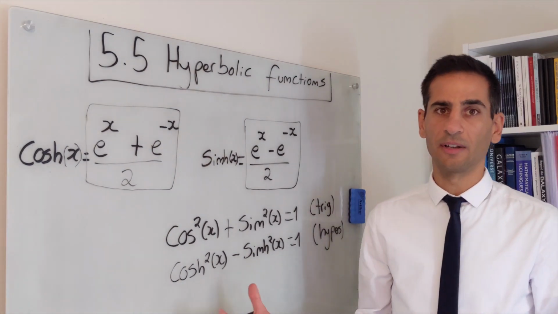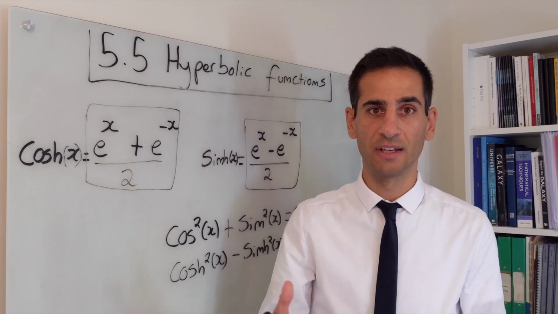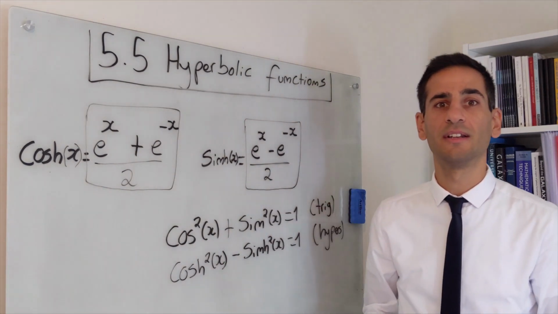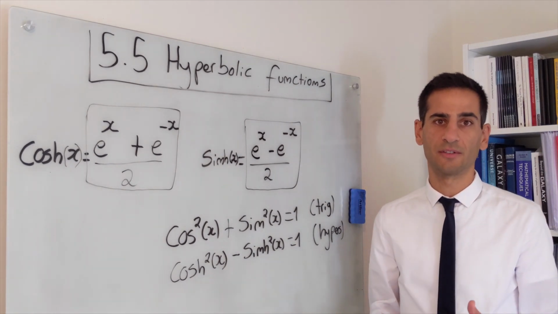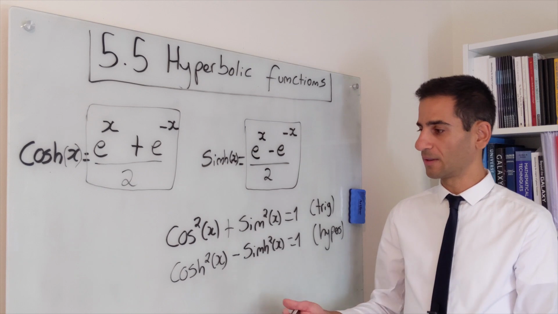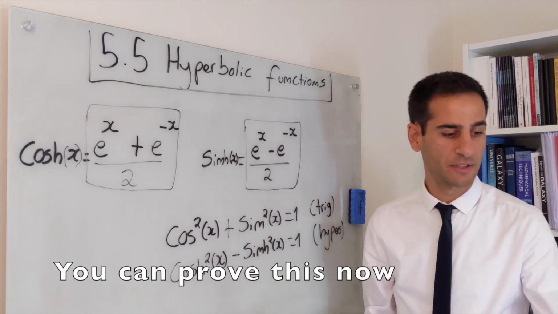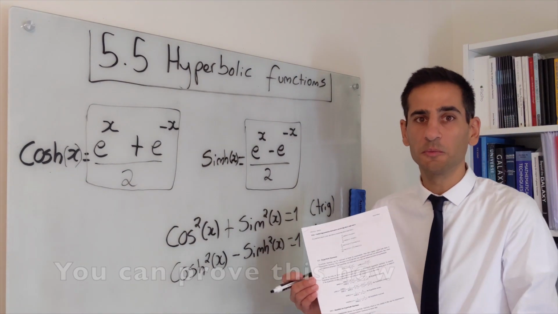The great thing about hyperbolic functions is that because they are given in terms of exponentials, and exponentials are very easy to manipulate and differentiate, you can already learn a lot about these functions, even if you've never encountered them before. For example, it is relatively trivial, and I'll leave this up to you. You can also check the lecture notes with an example of how you would prove this.